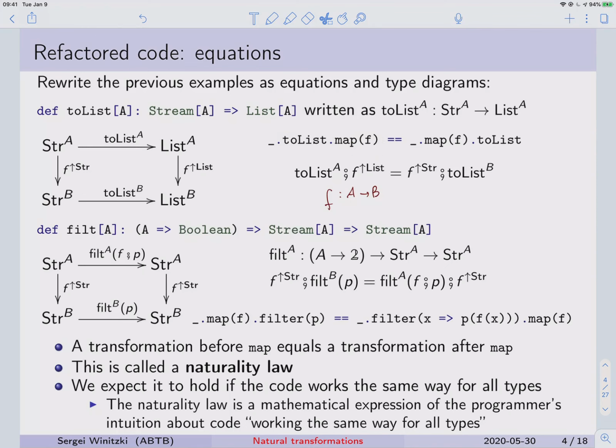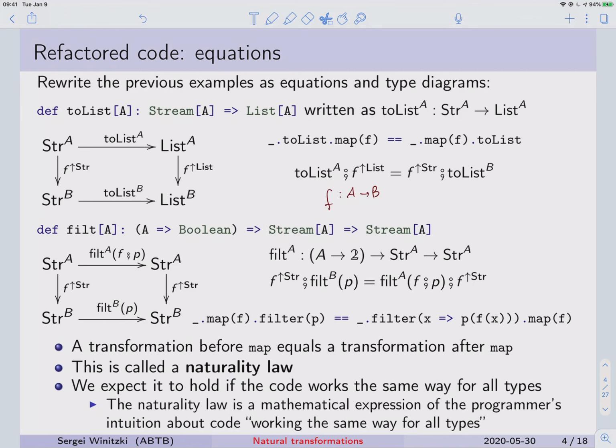So we expect this to work because the transformation toList doesn't change any values, it just rearranges the data. So the data was in a stream, it accumulates this data into a list. So it doesn't matter if you first map with some function f or you first transform toList and then map with the function f.